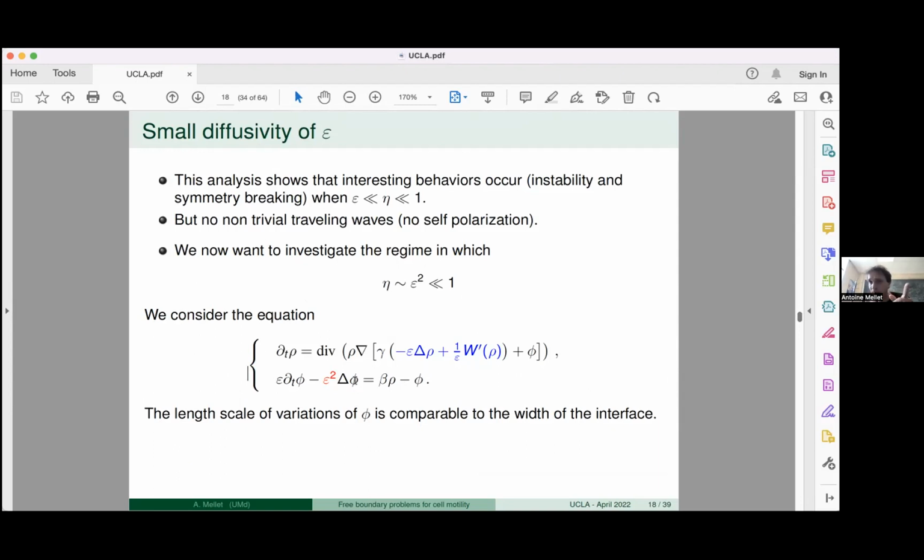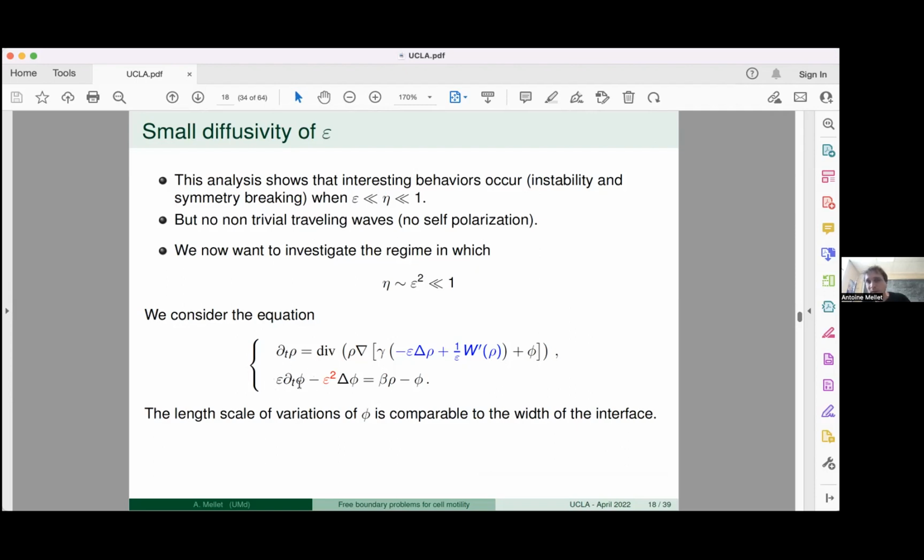The dt is now at the same order as this term, and that's where the speed comes from. So this epsilon dt phi, which disappeared in the first limit because it was a lower order term, now appears at the same order as the spatial variation.